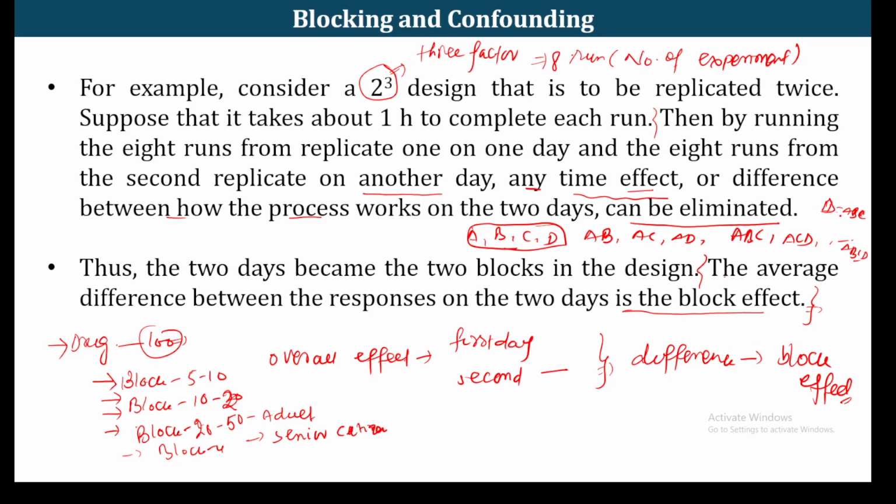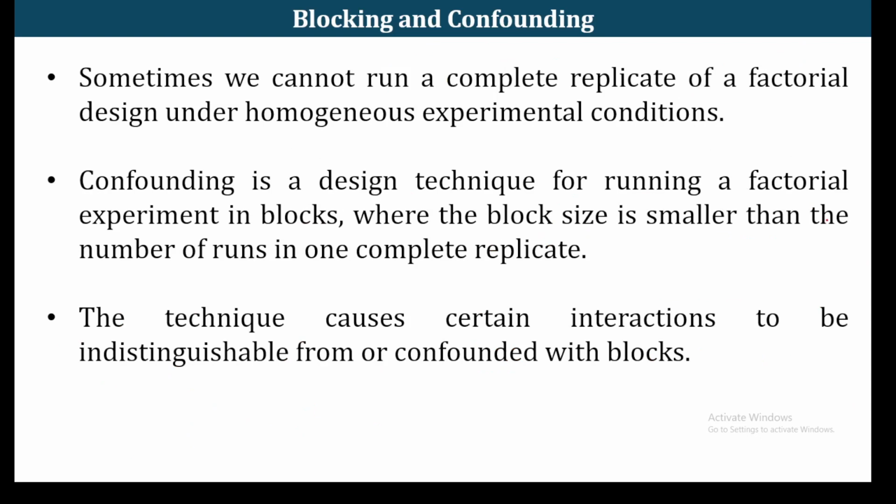So that's how we have to reduce the number of experiments or number of runs, so that it will be easy to conduct the experiment. We don't want to do the experiment for a long time. That will be a loss of resources and a loss of time. Sometimes we will not be able to do the replication, or will not be able to do the blocking in homogeneous conditions.